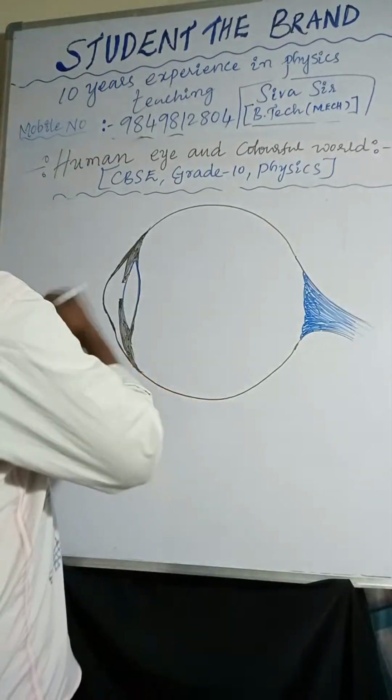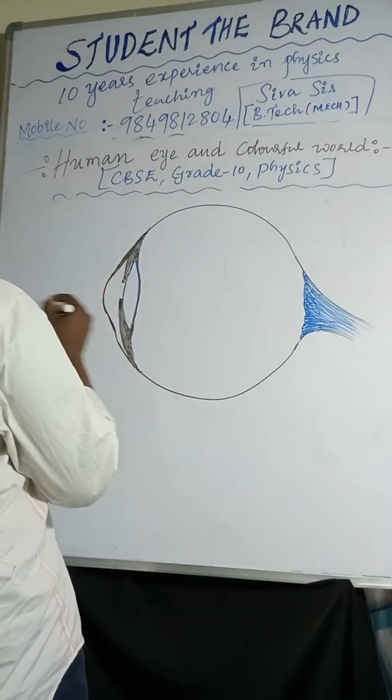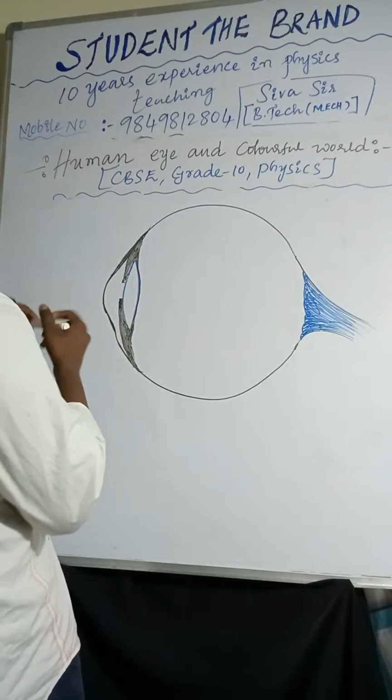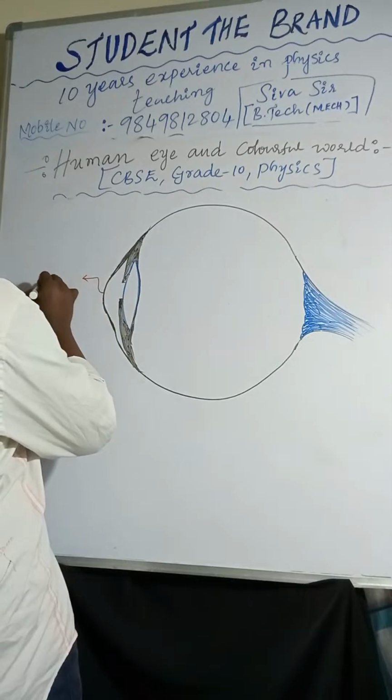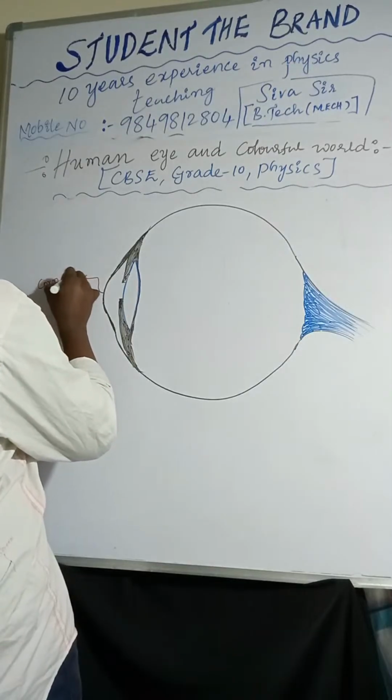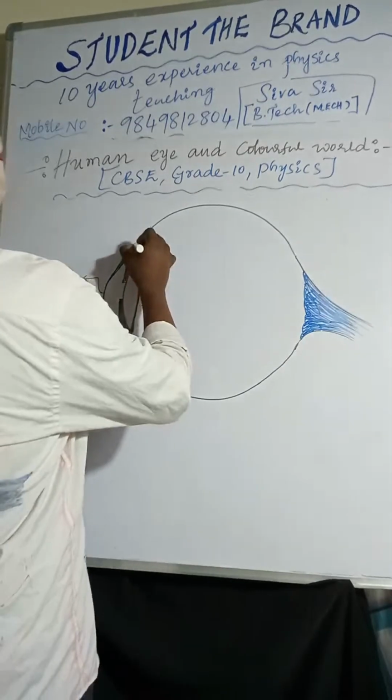So here this is the cornea, the front protective layer of the eye. These are the ciliary muscles.